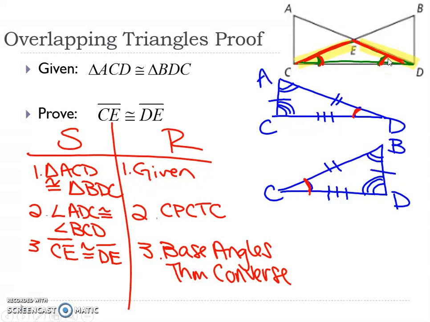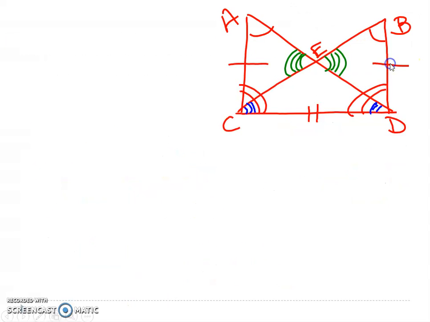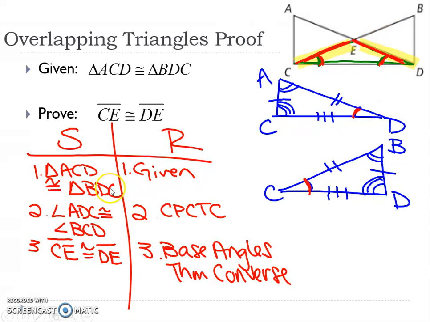That is an extra part, so we can use that corresponding angles are congruent. Once you know these two angles are congruent, we can say this and this are congruent to each other, because of the base angles theorem converse.